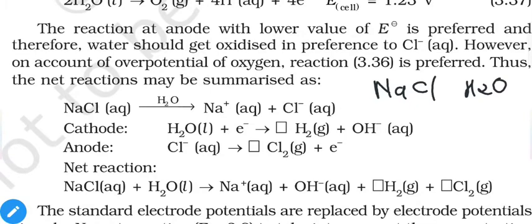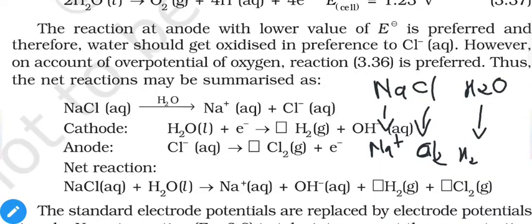From NaCl you will get Cl2 gas produced. That means Na will remain as Na+, and no reaction for Na+ will be obtained. From H2O, H2 will be produced, which means OH- will remain.